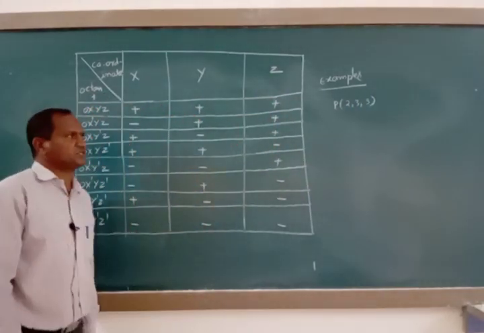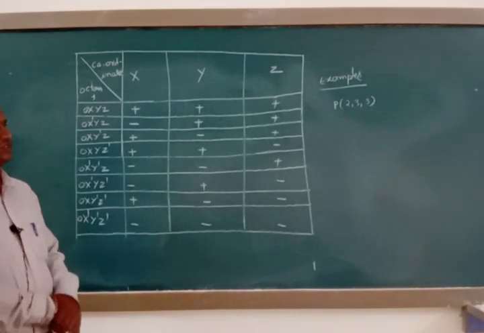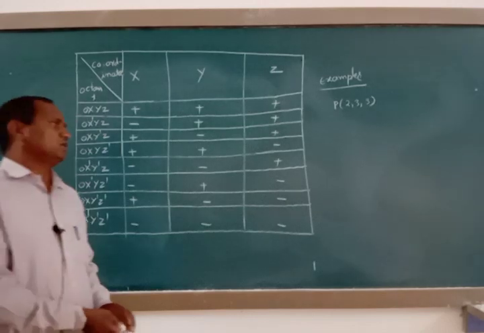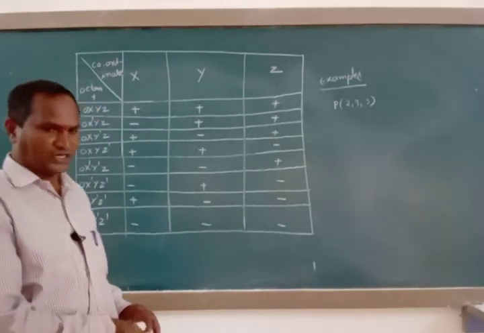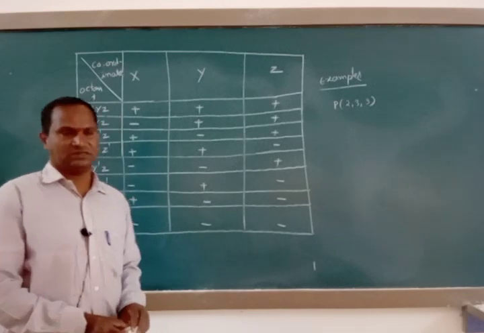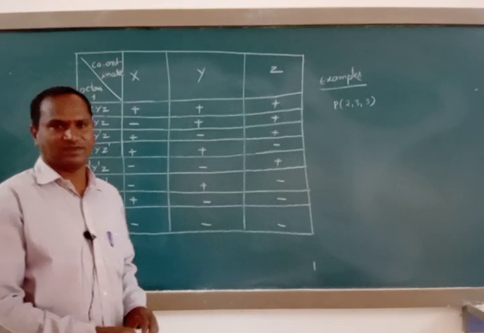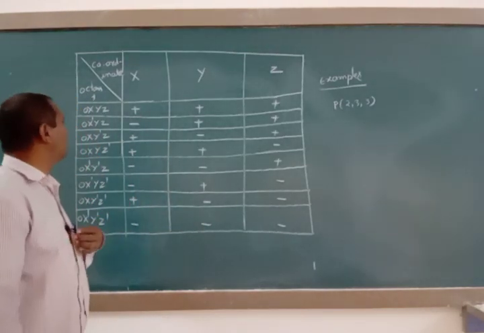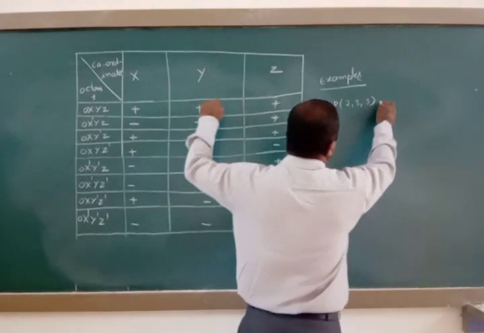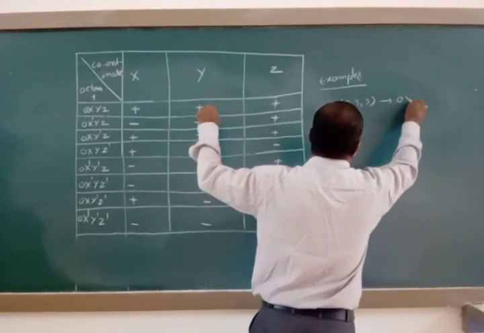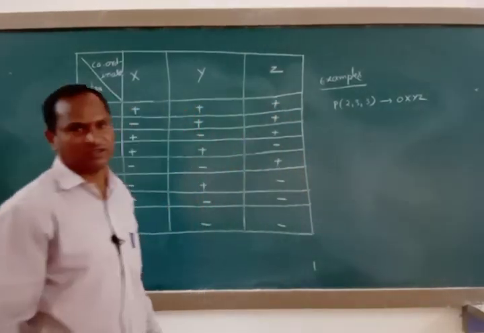When they ask which octant a point lies in, observe all the coordinates of the given point, whether they are positive or negative, and check here. In this point +2, +3, +5 are all plus, which octant? Oxyz. Therefore this point belongs to the Oxyz octant.